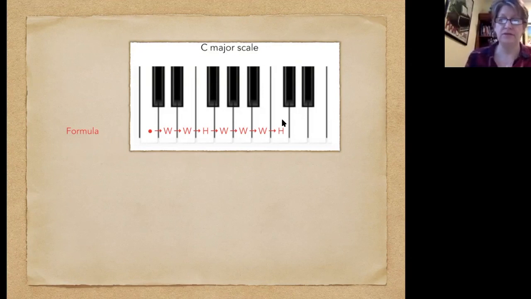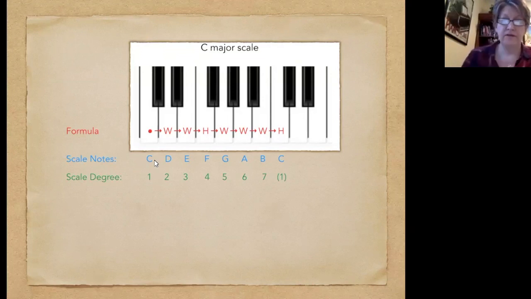C is always an easy one to start with because there are no black notes in the C major scale. And you can see how this formula lays that out for you. So then you can get the scale notes from applying that formula. It's just all the white notes. If you're playing a C scale, you'd start on C and go up C, D, E, F, G, A, B, and then you're back to C.